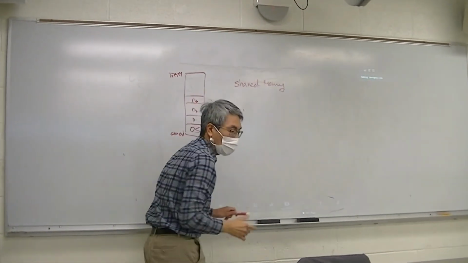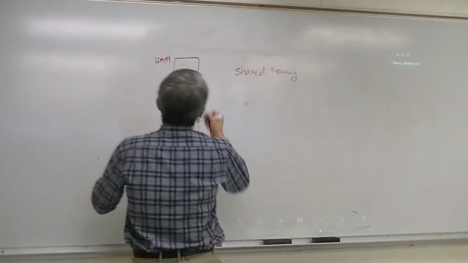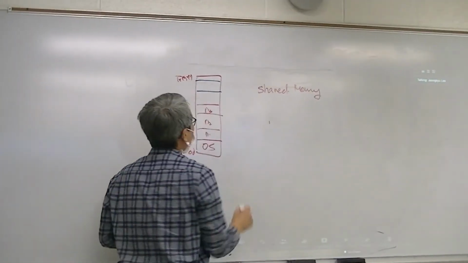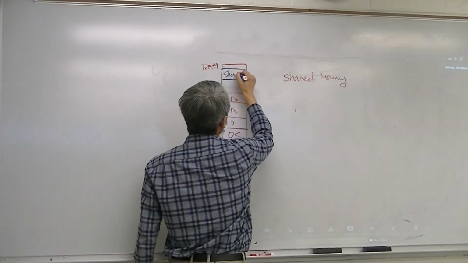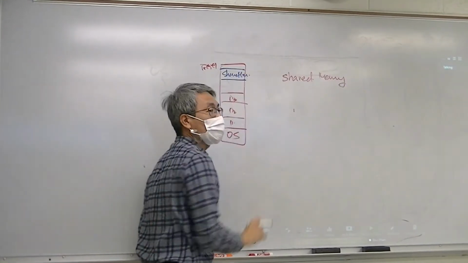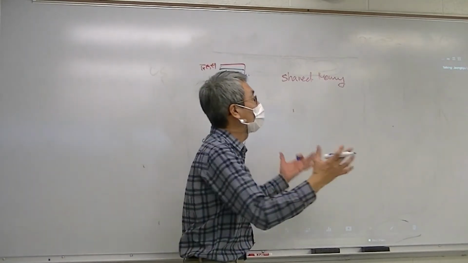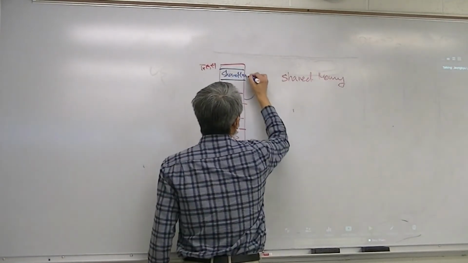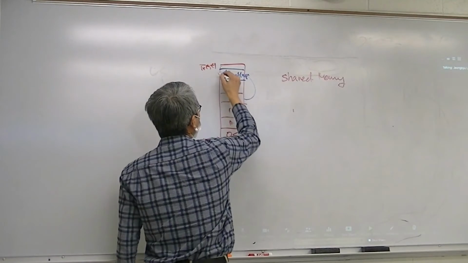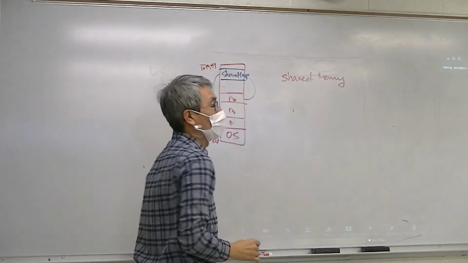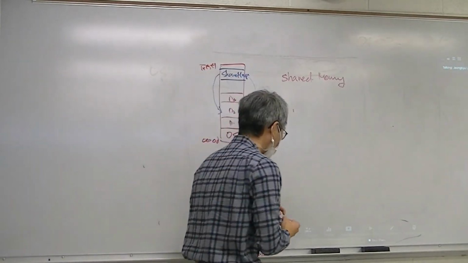And we are going to create the shared memory area. This shared memory area is like the bulletin board in the dormitory and department. So process P3 puts the message, then the other process can take the message like that. This is a shared memory approach.